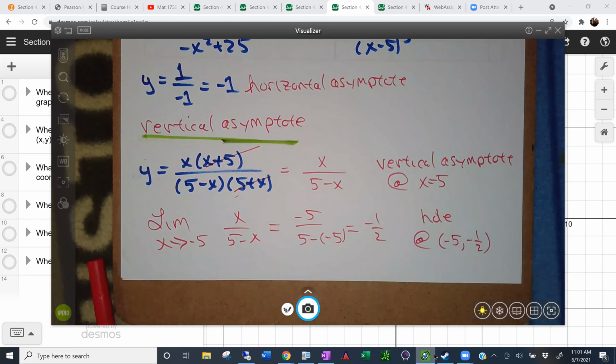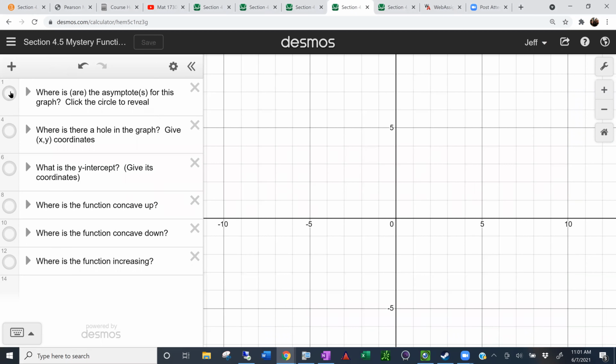Let's see a few of these things. So if you click the circle to the left here of that top line, it should sketch in your vertical asymptote and your horizontal asymptote. If you click the second one, it'll tell you the point of the hole in the graph. And in fact, I think somebody made a suggestion of setting x equal to 0, right? If you set x equal to 0, you're going to get the y-intercept.